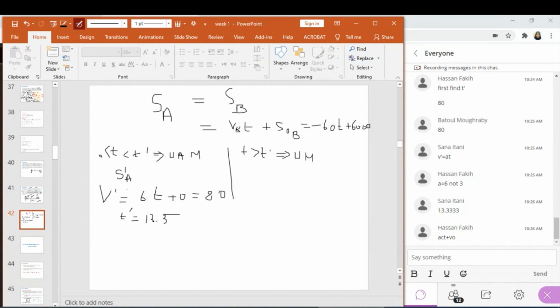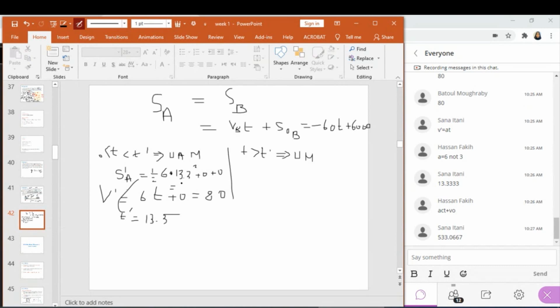Now I know t prime, I can replace it in the equation of SA prime, which is half 6 times 13.3 squared plus 0 plus 0, and this will be equal to 533 feet. So this is SA prime.